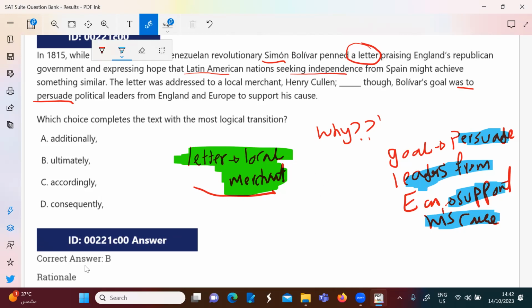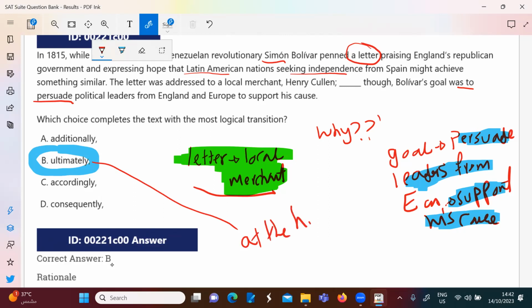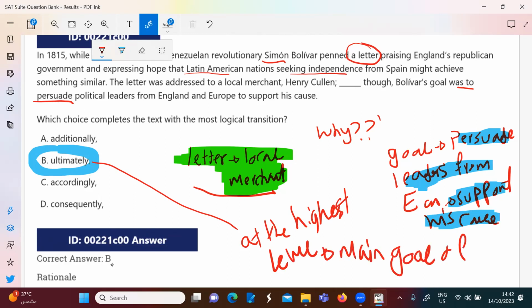But I will prefer, and the right answer is, to choose B, ultimately, because this expresses it's like at the highest level, or to express the main goal of doing something. The letter's main goal was to persuade leaders to support his cause. So the best transition here, ultimately.